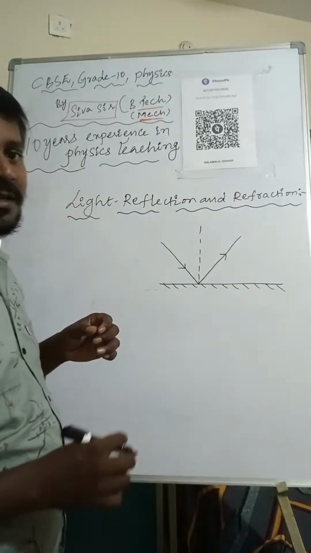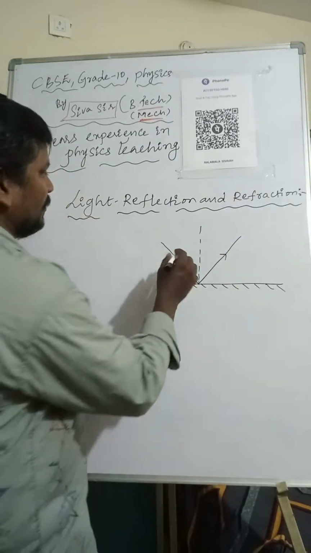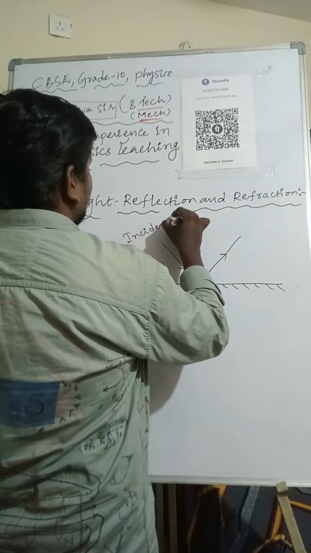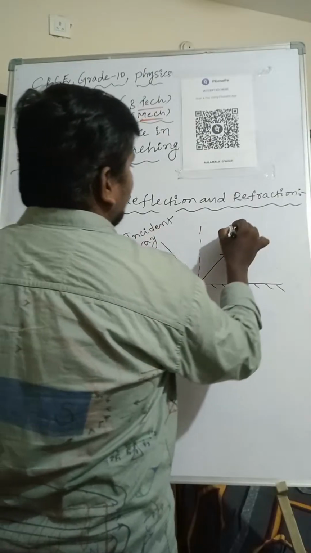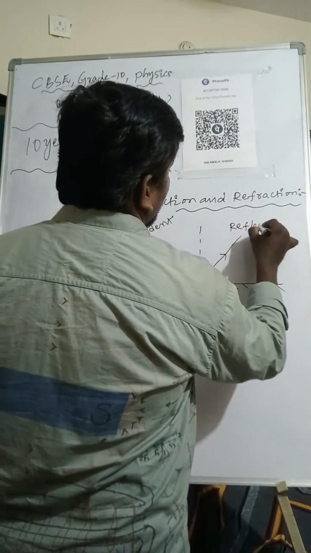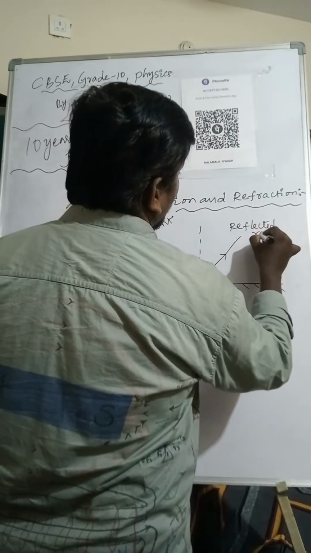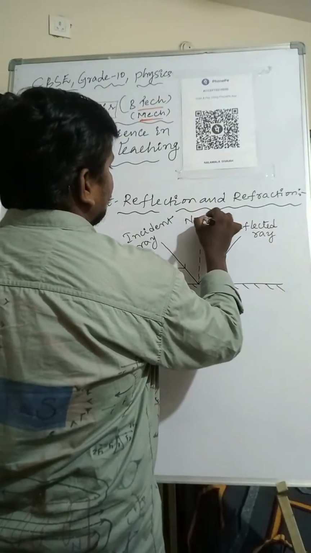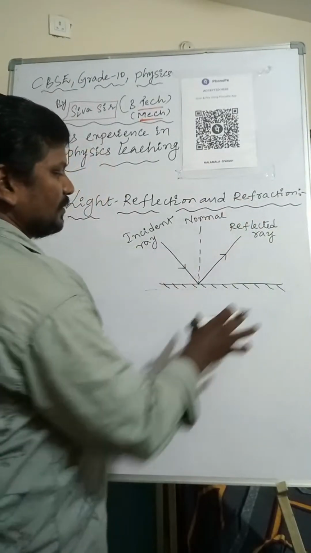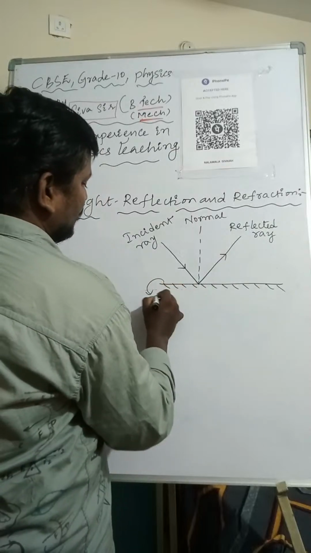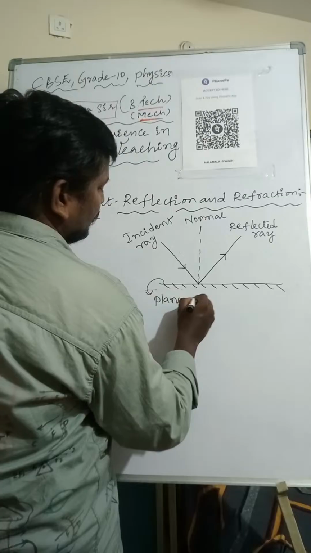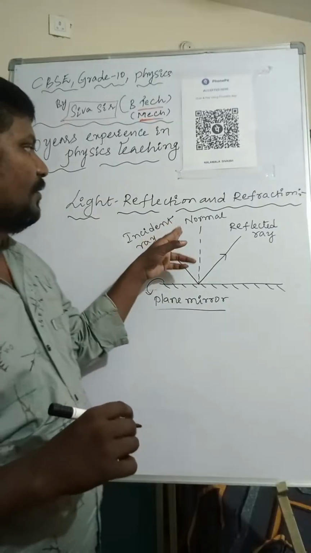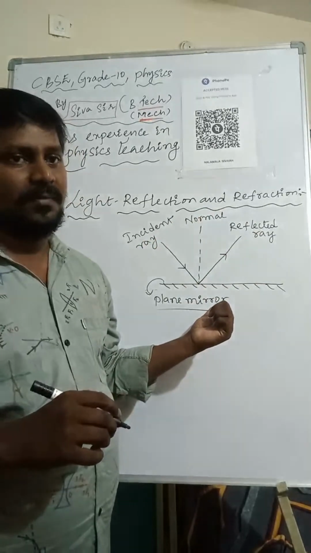So this is the incident ray, this is the reflected ray, and this one is the normal. This is the plane mirror.